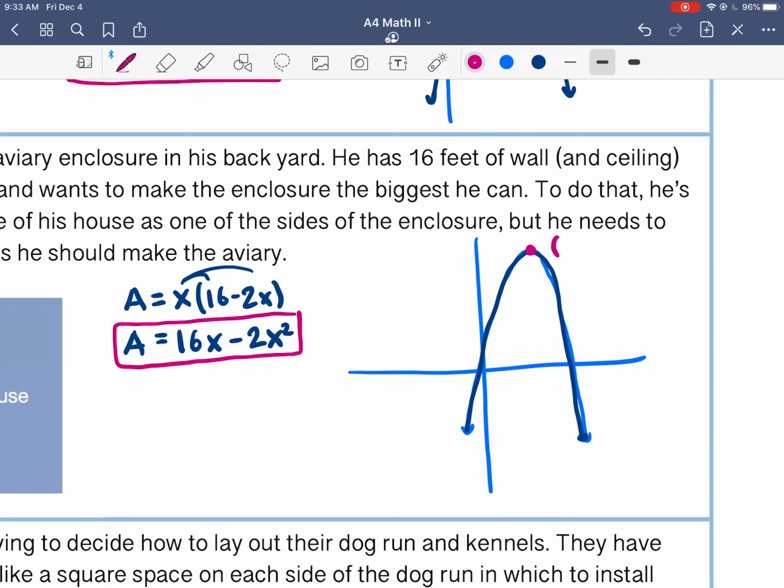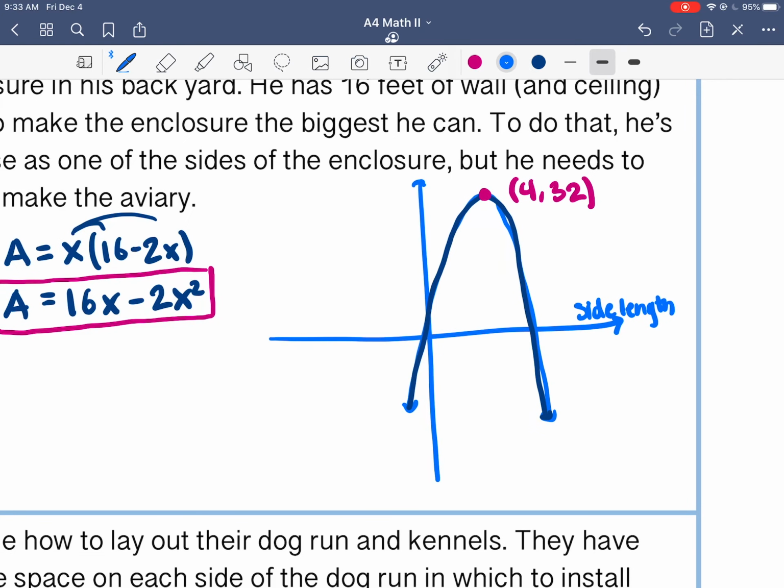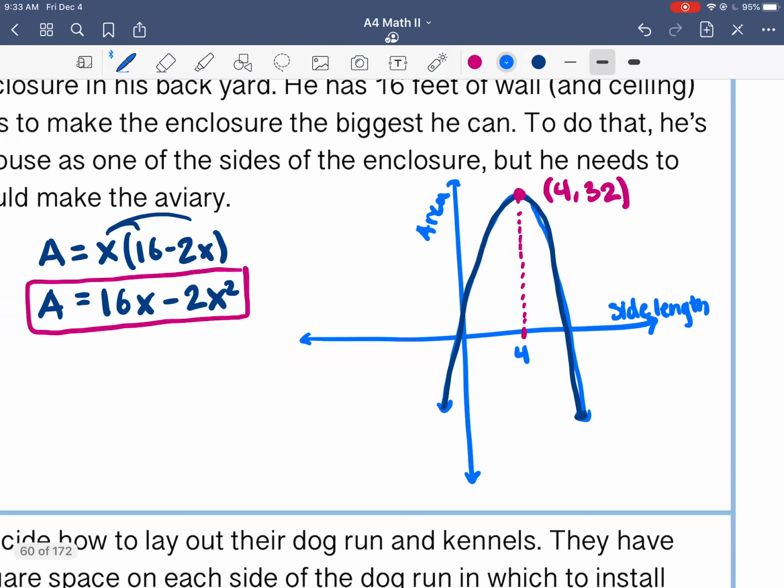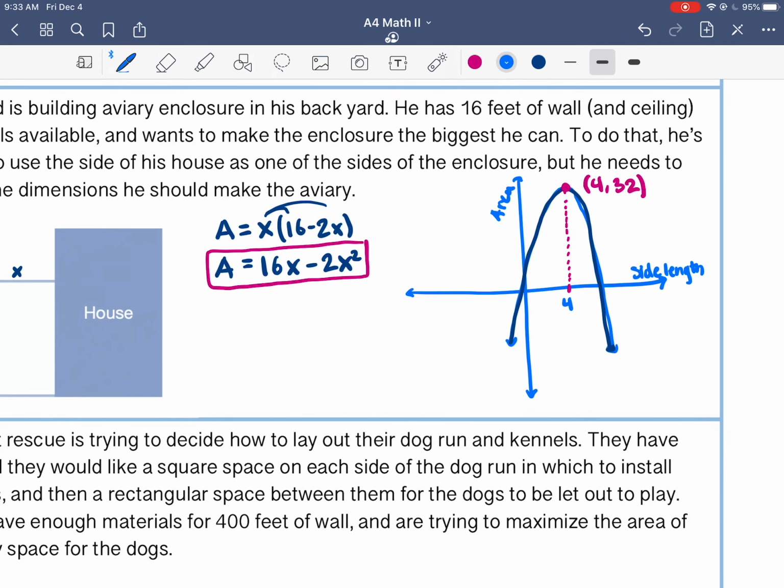And again, remember that this is one of the side lengths, specifically the short side, right? The one that's connected to the house. And this here is the area. So our maximum, our optimal area is going to occur at (4, 32). So a side length of 4 and an area of 32. So we're gonna just draw really quickly what that looks like.